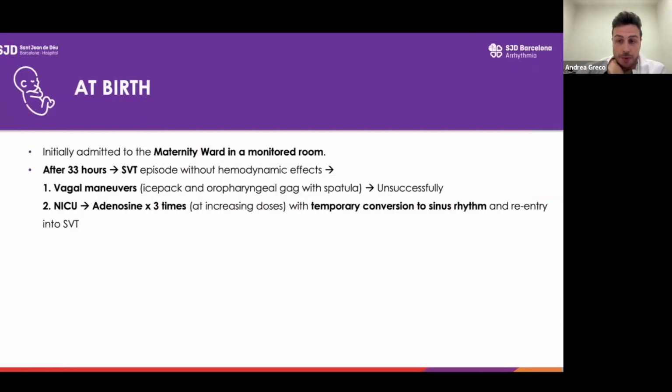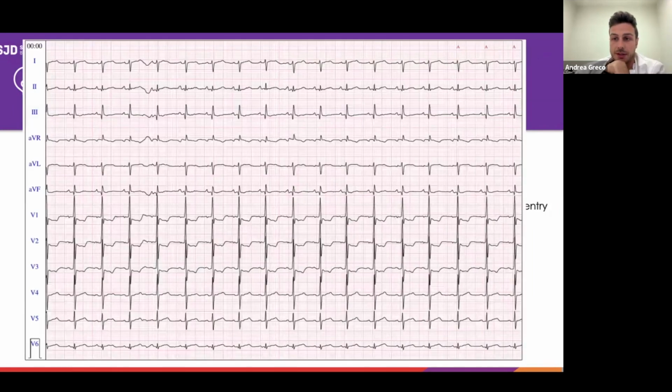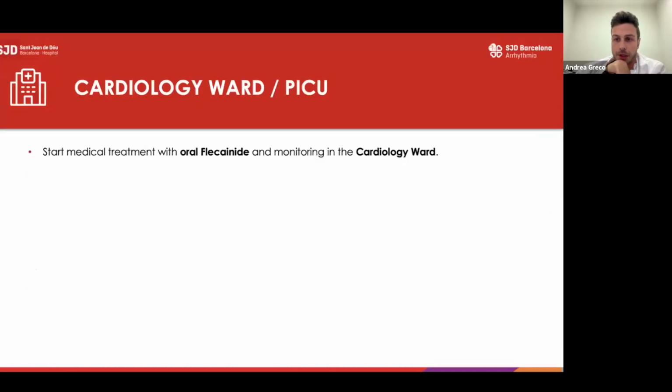Then we use a rapid infusion of IV flecainide at 1 milligram per kilo 2 times, with finally ending of the SVT. And this is the electrocardiogram in sinus rhythm without pre-excitation. So then we start medical treatment with oral flecainide and monitoring in the cardiology ward.